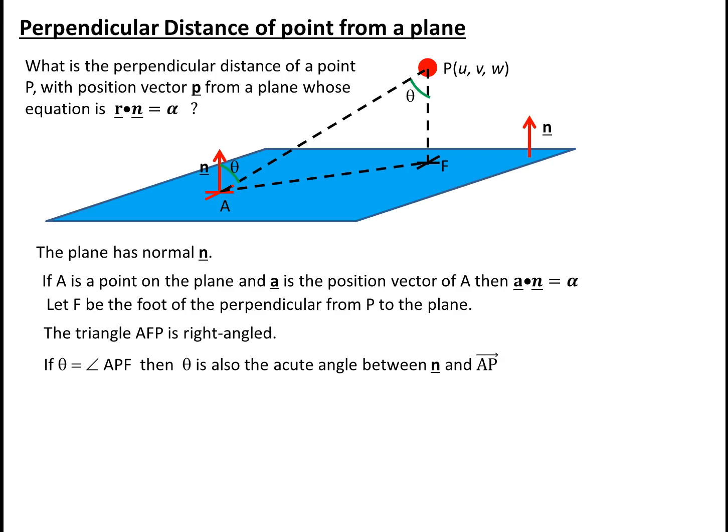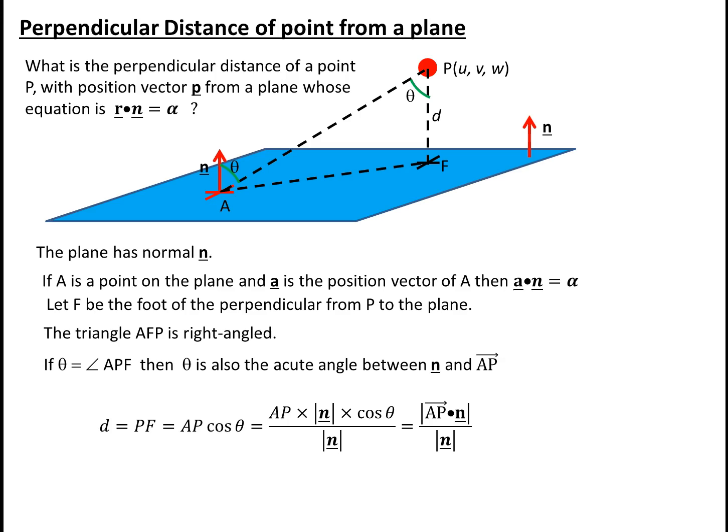What we are looking to calculate is PF, and PF is the same thing as AP times cos theta. But AP times cos theta is the same thing as AP times the length of n times cos theta divided by the length of n.